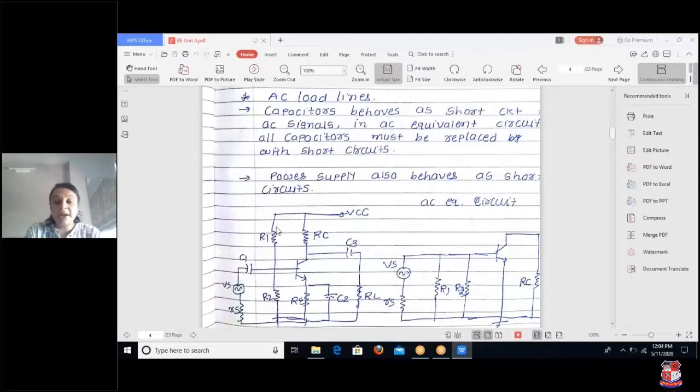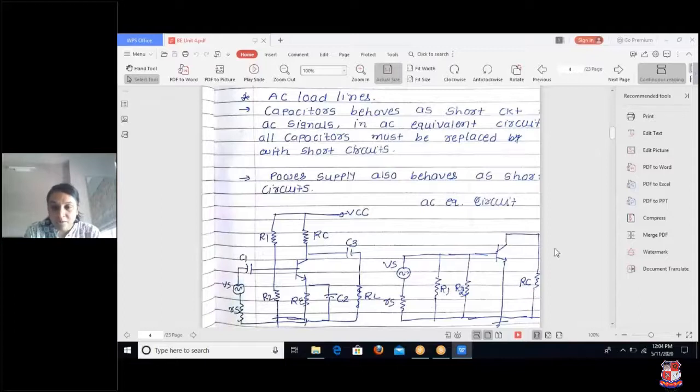Your R1 and R2 are in a voltage divider form in series, and R1 is connected in parallel to R2, right? Now this is your input side completed. R1 and R2 are connected commonly to the base, right?